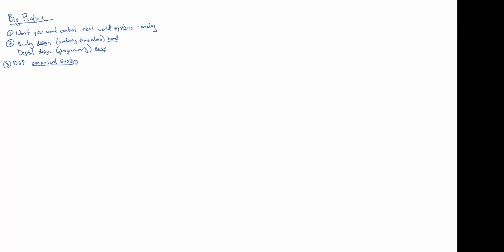And a canonical system is just the prototypical example for all systems. And that is that you've got some sort of analog signal, and maybe it's from a microphone or a sensor.